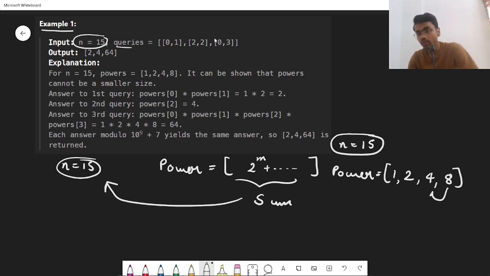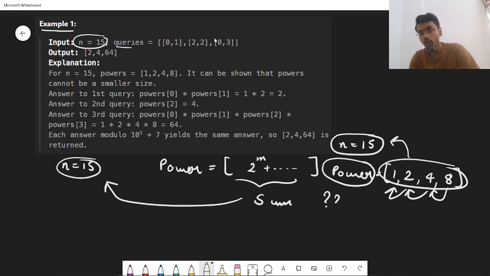Now 8 plus 4 is 12, 12 plus 2 is 14, 14 plus 1 is 15. So by taking the summation of all the powers of 2, we are getting n equal to 15 here. So this is the correct power array, and since the question is also saying there can be only one power array possible, we have generated the power array.